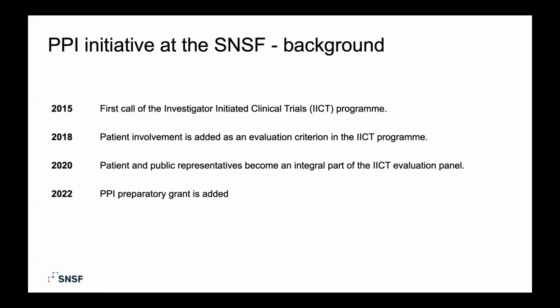So in 2020, we included the patient and public representative as an integral part of the evaluation panel. And last year, for the first time, we provided the PPI preparatory grant that Sandra already mentioned, funds to support activities during which the PPI representative can provide input for the development of the grant application.